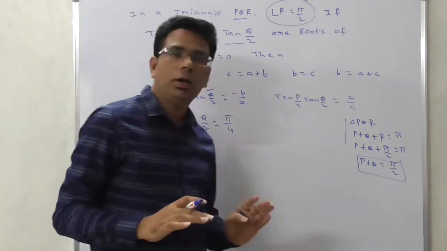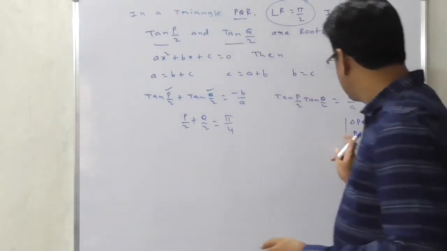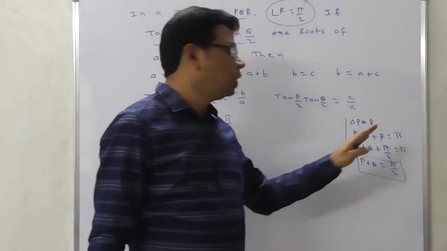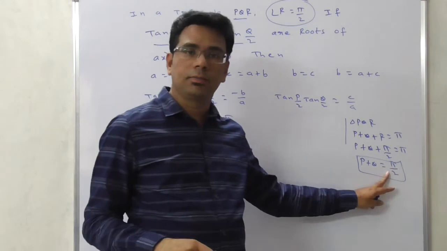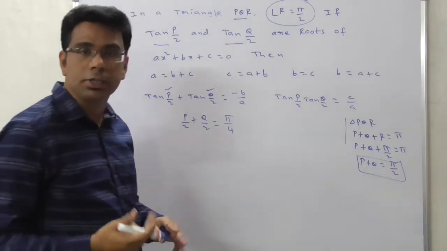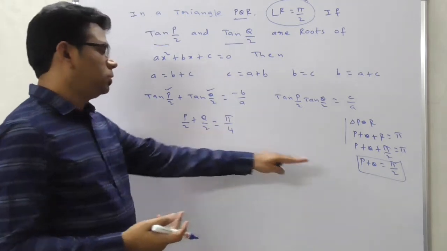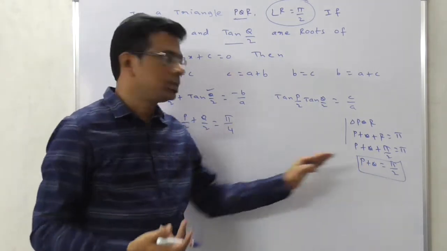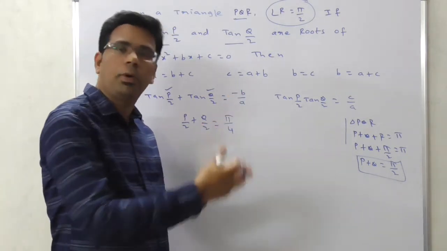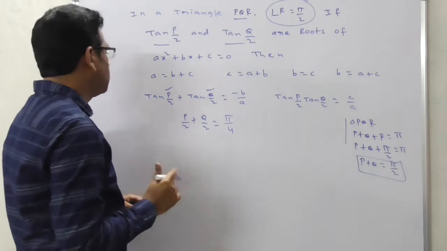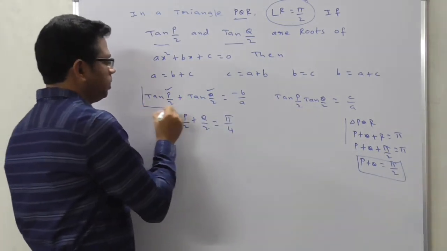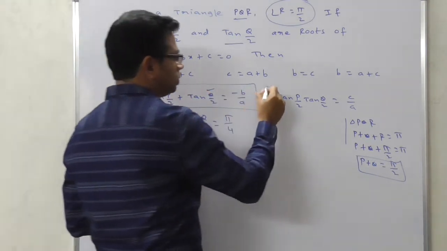In triangle PQR, P + Q + R = pi. The angle R is given as 90, therefore P + Q = 180 minus 90, that is 90. This is the P + Q relation. In the given question, we have the P/2 and Q/2 relation, right? Therefore just divide by 2 on both sides. We get P/2 + Q/2 = pi/4, right? Good.